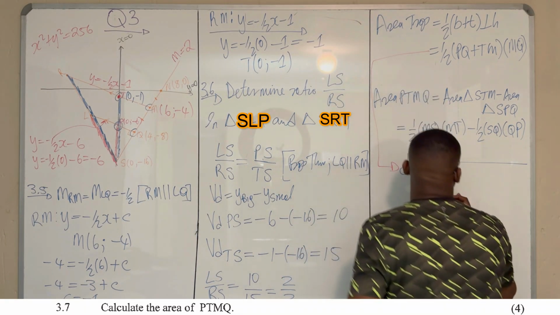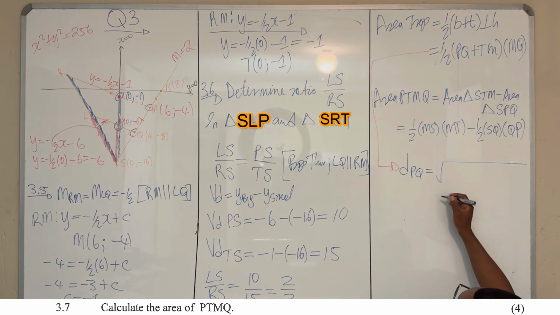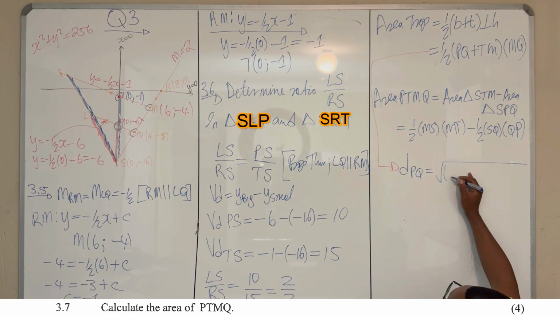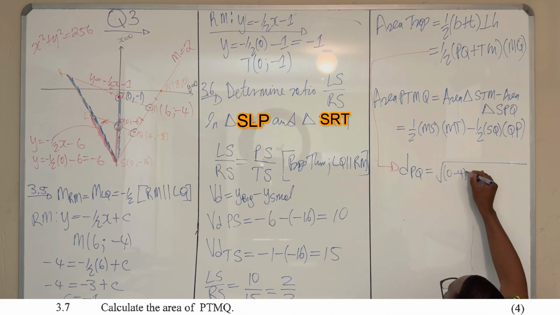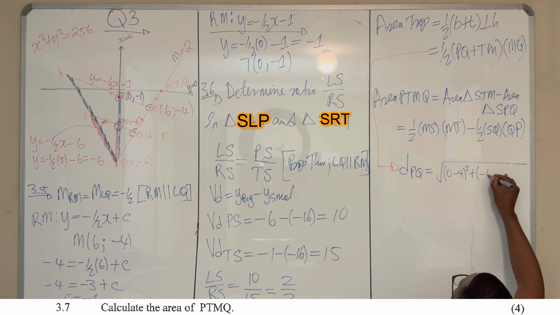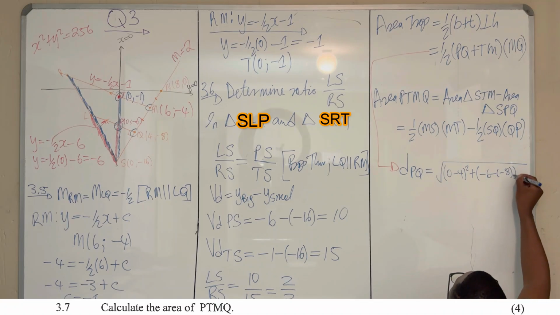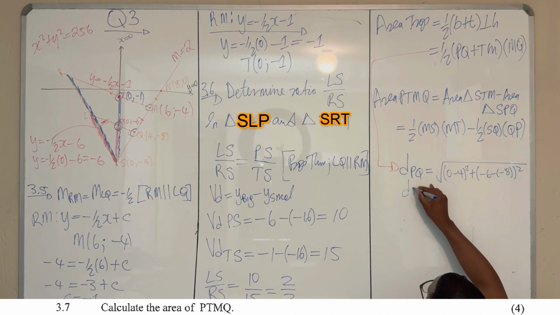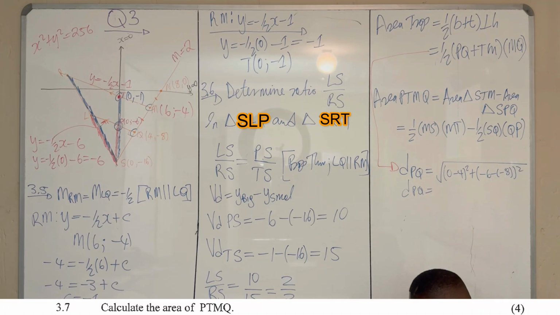You know how to find the distance, so the length of PQ is going to be 0 minus 4 all squared plus minus 6 minus 8 all squared. So the length of PQ is equal to an answer to this.